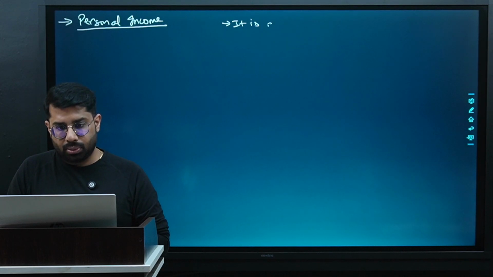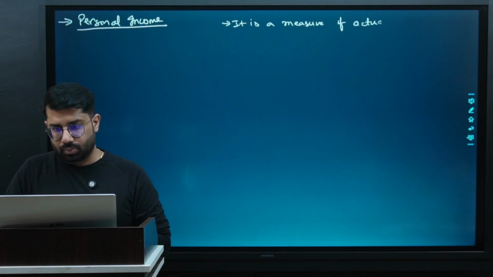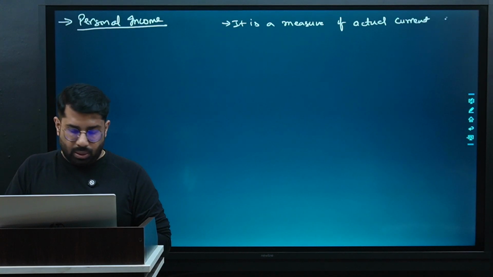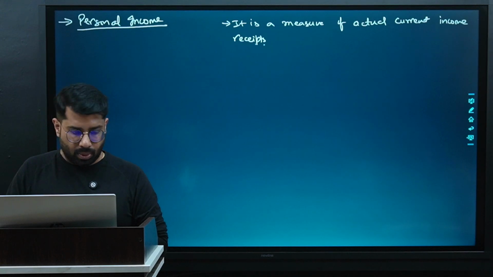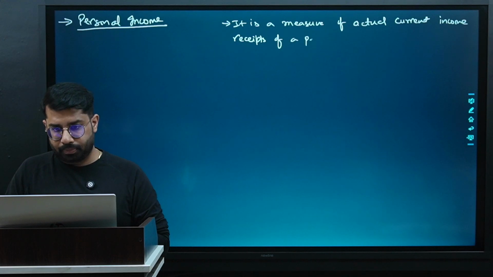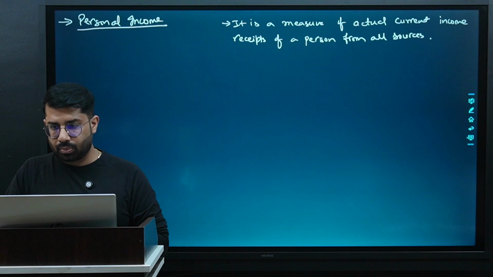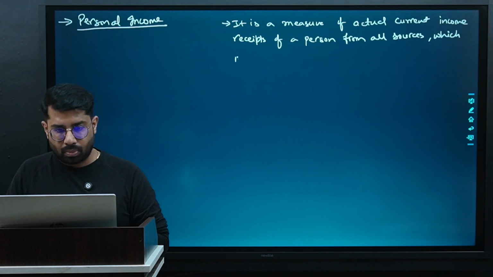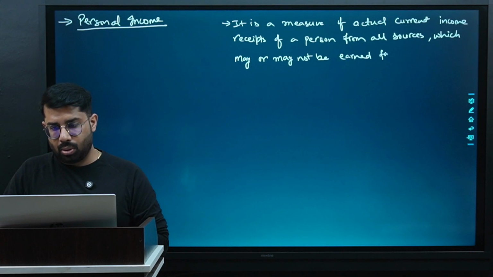Basically, it is a measure of actual current income receipts of a person from all sources which may or may not be earned from productive activities.